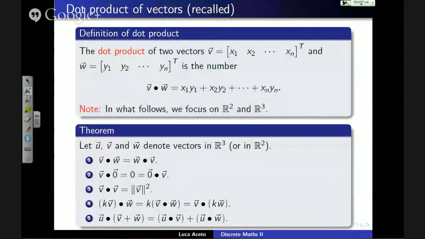In fact, this is an operation that you already know and use all the time when you are multiplying matrices. Multiplying two matrices is nothing but repeatedly applying the dot product operation over two vectors.